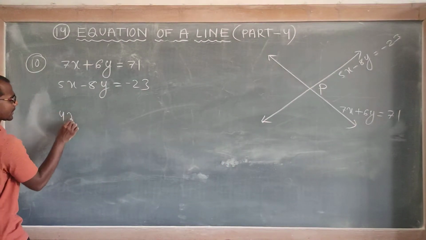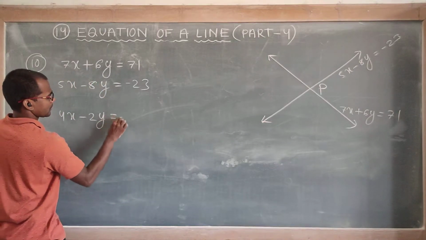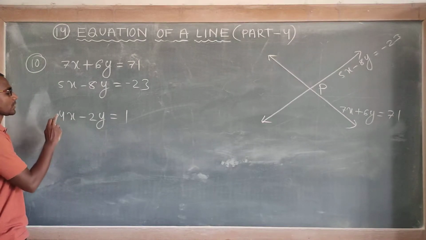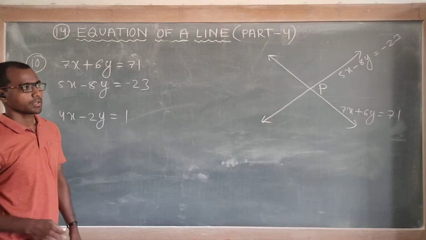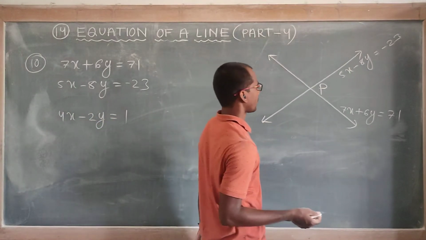I am writing here 4x minus 2y is equal to 1. Again, look at the coefficients of x and y. One is positive, the other is negative, so the slope will be positive, meaning the line will move up. So randomly let's draw a line.